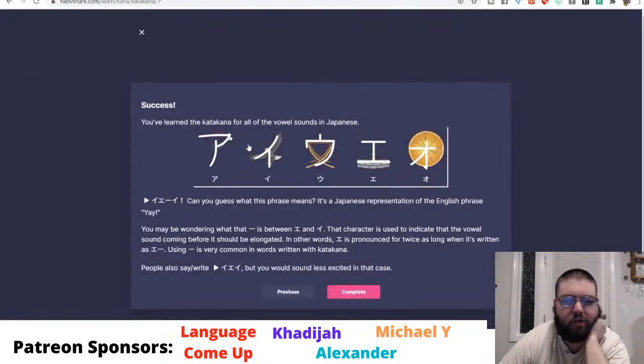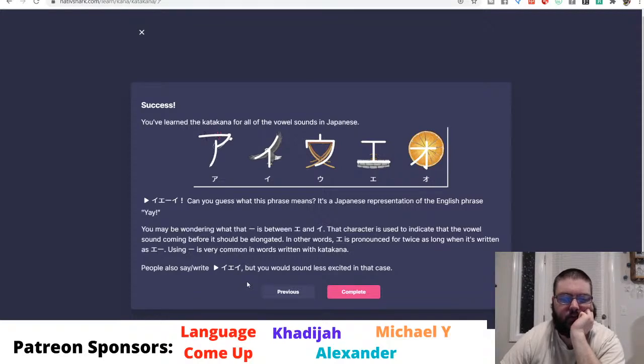All right. You learned the katakana for all of the vowel sounds in Japanese. Yay! All right. Can you guess what this phrase means? It's a Japanese representation of the English phrase "yay." You may be wondering what that is between the two characters.